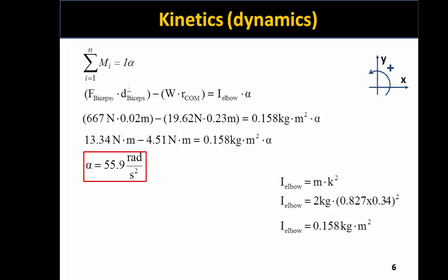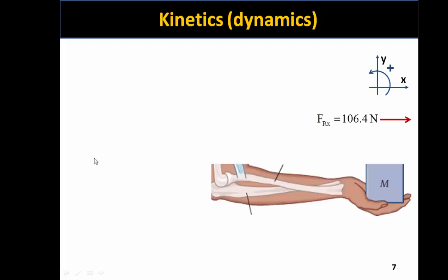So now that we have a value for alpha, we can back substitute in the y direction equations that we had on the previous step, slide number 5. We were left with a situation where we had 2 unknowns. So by moving to the next equation, we calculated a value for alpha.